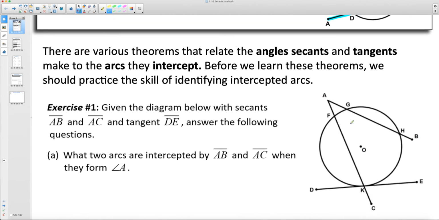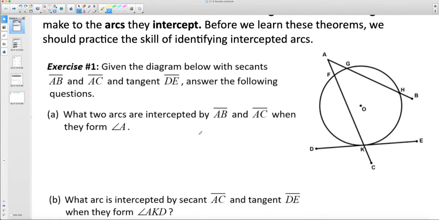Before we get into the measure of those angles outside the circle, we'll take a look at the way that the arcs are intercepted, because that's pretty important to figure out. So it says first part A, they tell us we have circle O, AB is a secant, AC is a secant, and DE is a tangent because it only touches exactly once at K. The first question asks us what two arcs are intercepted by both secant AB and secant AC.